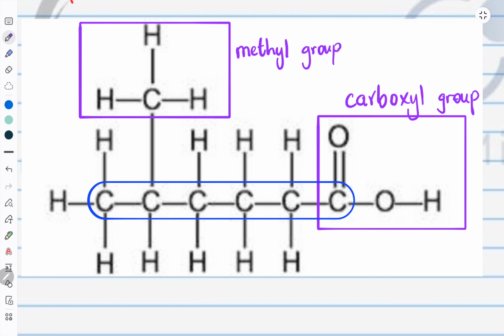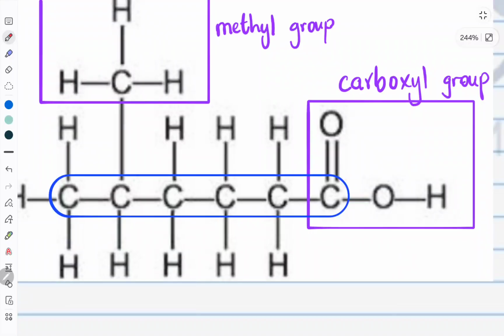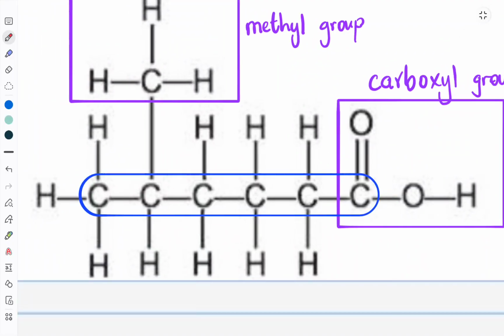Now, where do we start numbering from? We start numbering from right going to the left. Here we don't test which side is better, because the carboxyl group will always be located on the first or the last carbon atom, depending on which side you're looking at it from, but it will always be on the first when we are numbering. So that's 1, 2, 3, 4, 5.